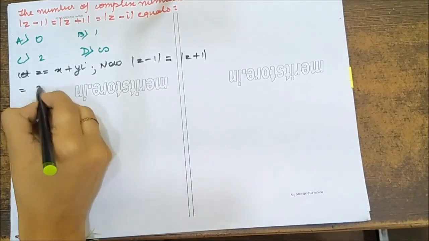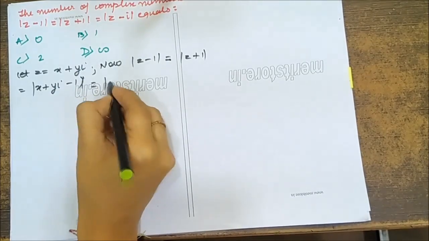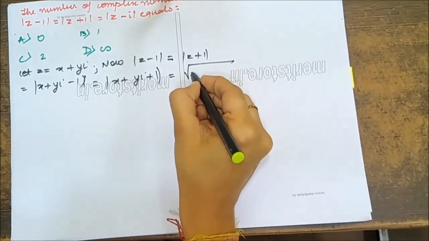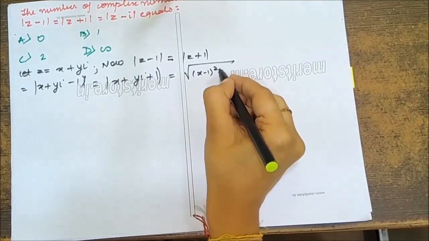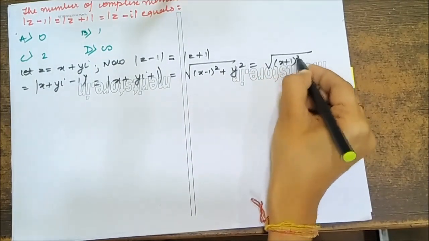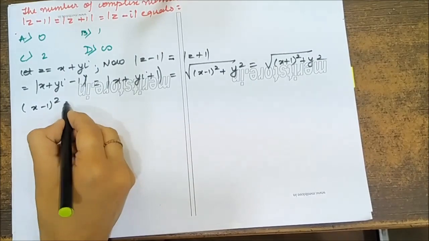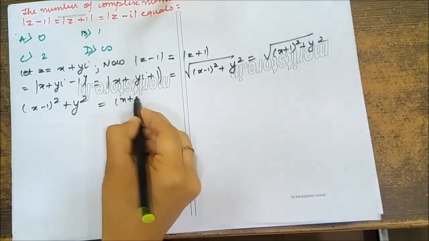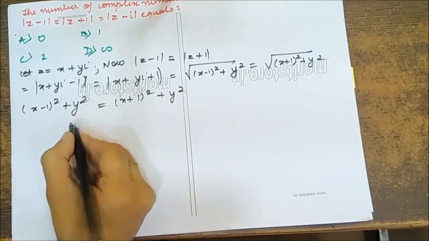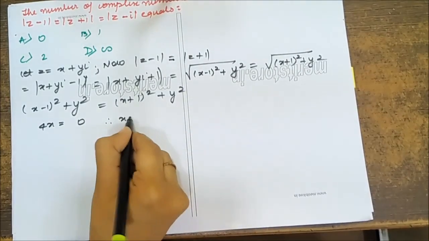So modulus of x plus yi minus 1 is equal to modulus of x plus yi plus 1. Therefore, x minus 1 the whole square plus y square is equal to x plus 1 the whole square plus y square.